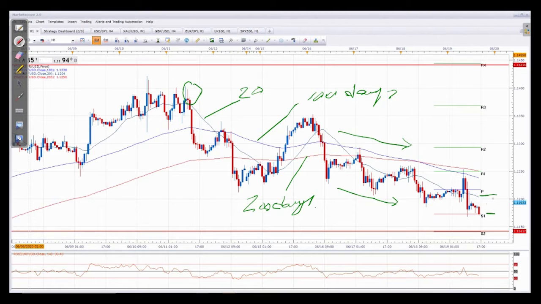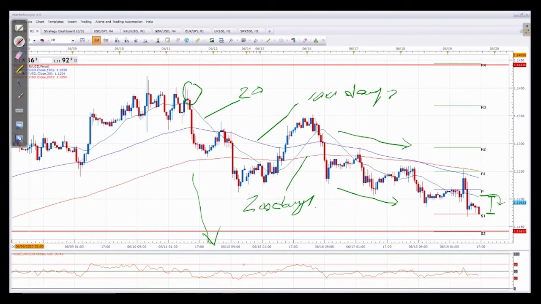But again, because this is short term, it's an hourly, and price doesn't go straight all the way. So what happens is it might just turn back from here and go up to the pivot point, and then might follow down again. Now, look at the RSI. This is the RSI indicator.